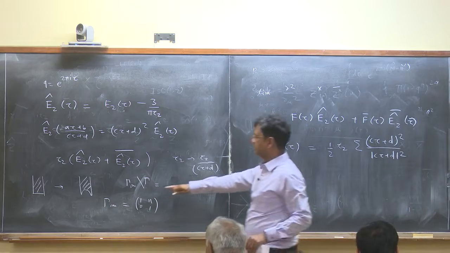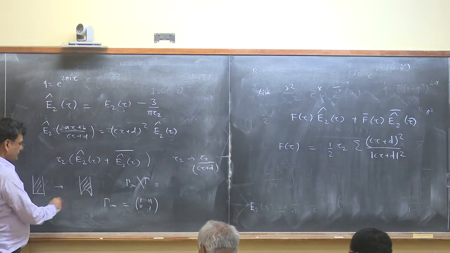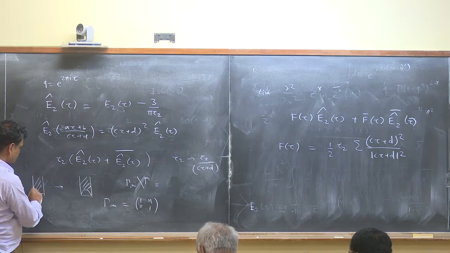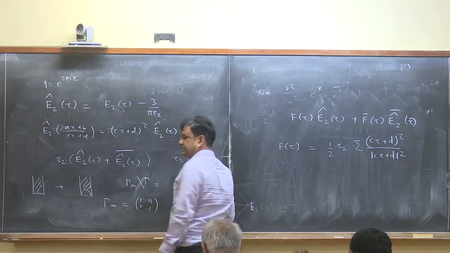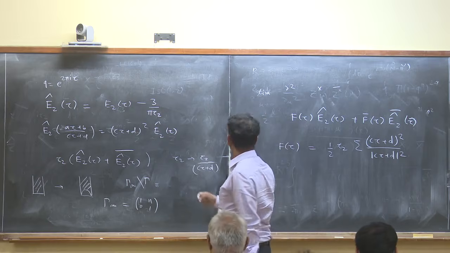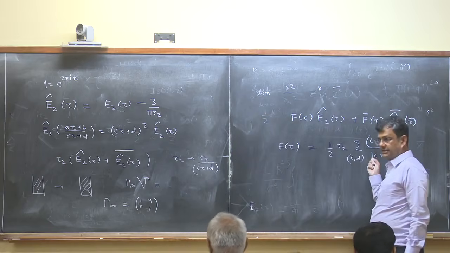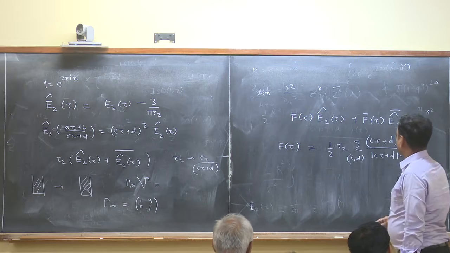So what I'm saying is that we went from this strip to this, and this strip has infinite copies inside this, and every time we map each of them, it's related by some C tau plus D. So basically, you end up summing over all C tau plus D. So F of tau is just summing over all CDs, of tau 2 over C tau plus D whole squared.